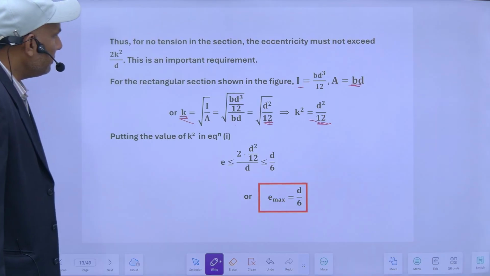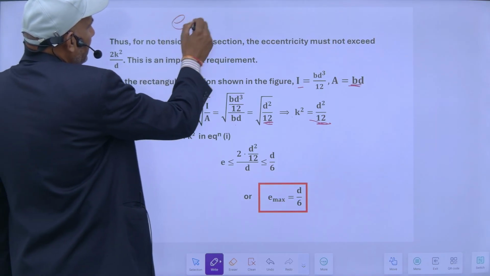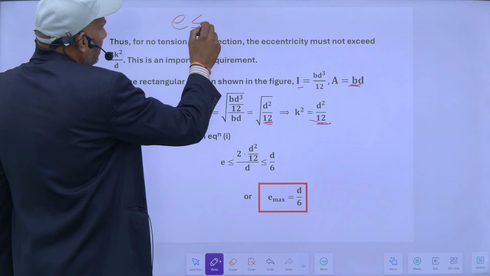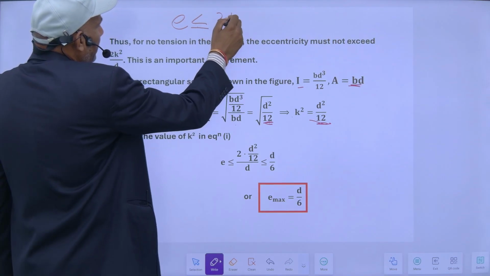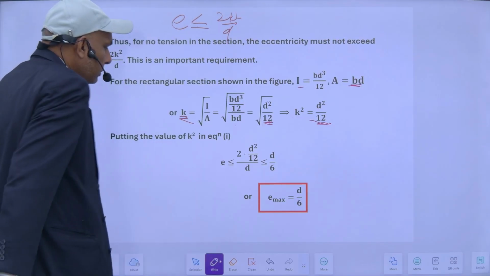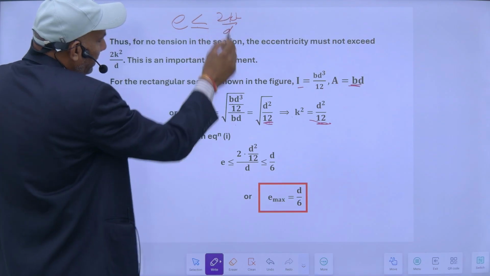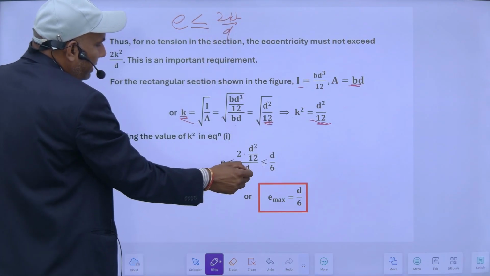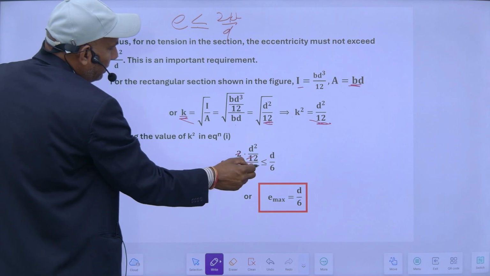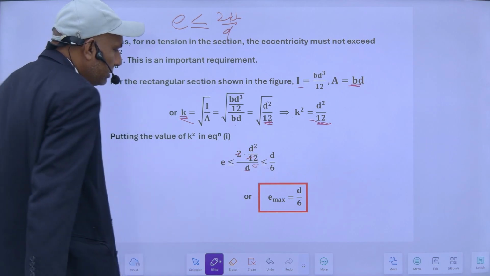And what was my condition? The condition was that E should be less than or equal to 2K square upon D. If I put the value of K square here, it will be 2 into D square upon 12 upon D, so it will be D by 6.